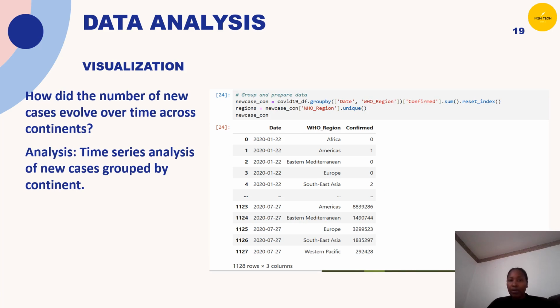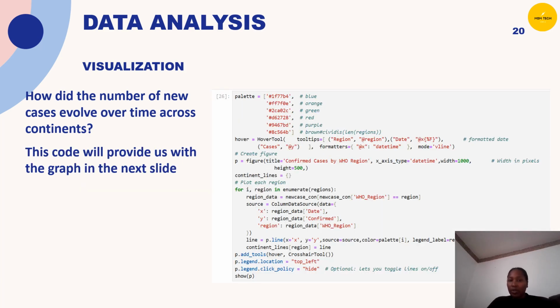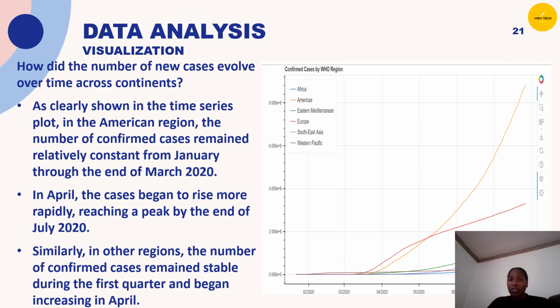Again, how did the number of new cases evolve over time across continents? We can get this time series plot, and we can easily see it.